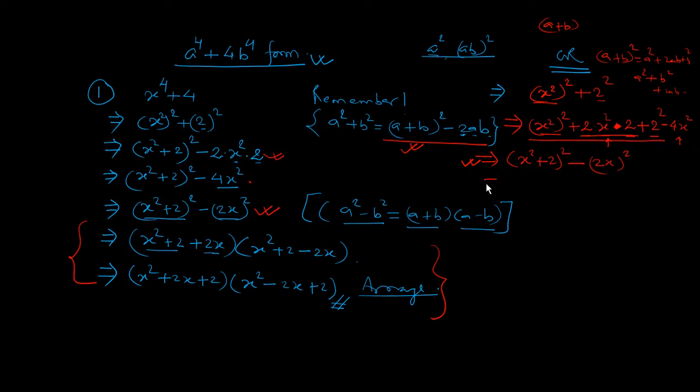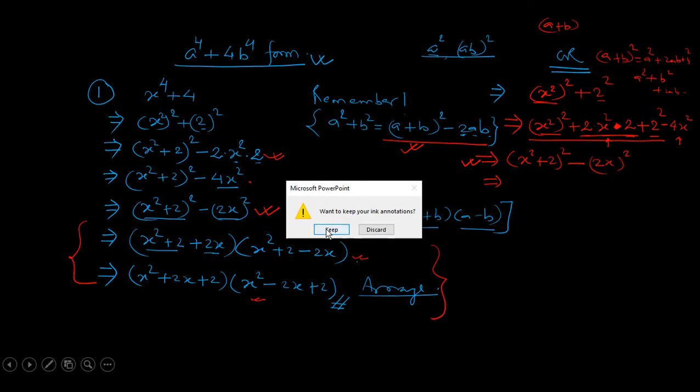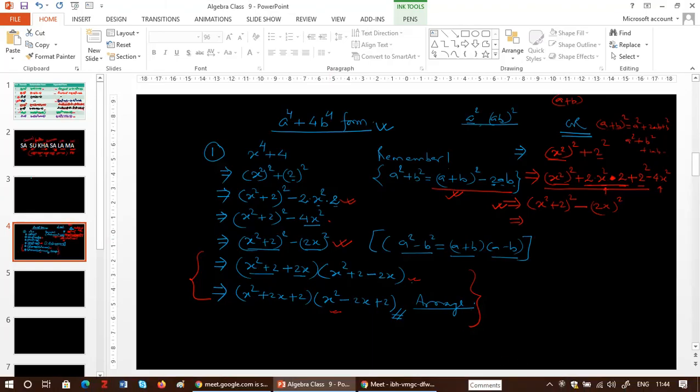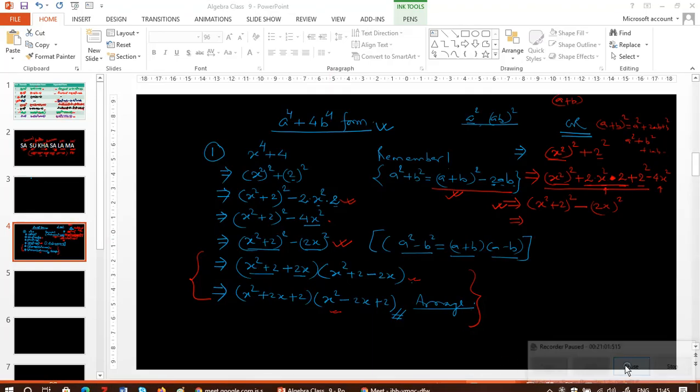So subtract the equal quantity at last, and you will get this pattern. Then, dear students, x square plus 2 plus 2x, x square plus 2x minus 2x, and arrange these terms. In this way we can factorize this problem. Hope my students understand this explanation.